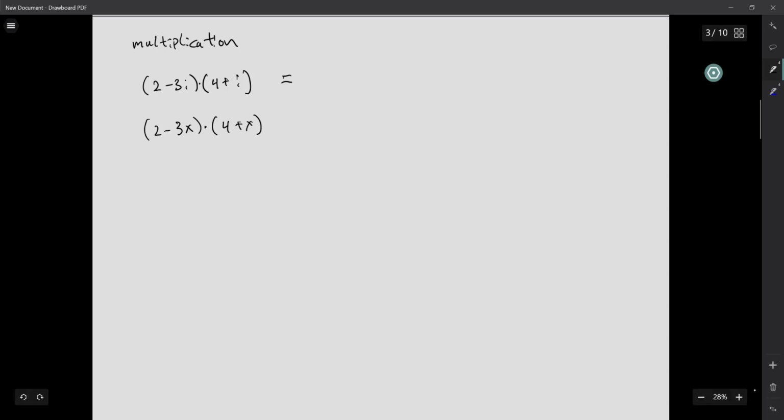So we would FOIL this out or do all the distributions. I'm going to end up with 2 times 4 is 8 plus 2 times i, minus 3i times 4, so that's minus 12i, and then minus 3i times i will be minus 3i squared. Then I combine like terms, so I've got 8 minus 10i minus 3i squared.